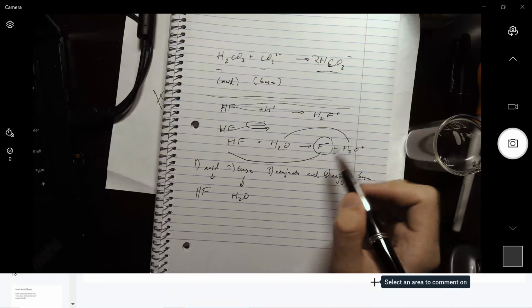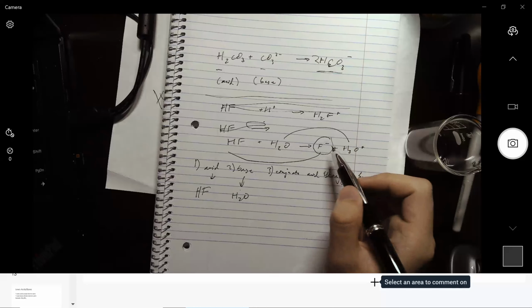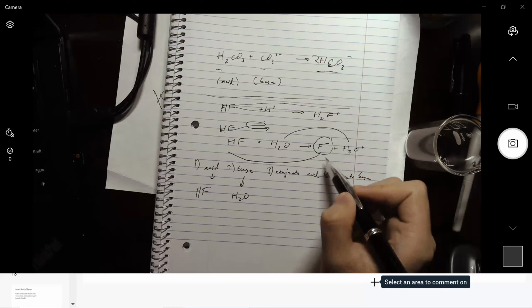Great. Right. Exactly. So this one receives protons. It doesn't donate protons. It doesn't have protons to donate. So this is the conjugate base.